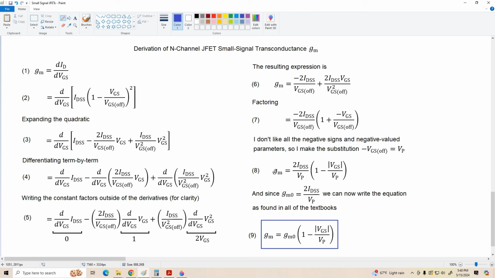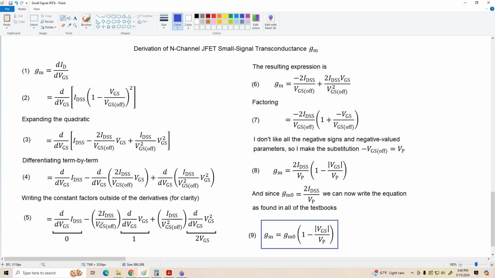Since we know that 2 IDSS over VP is GMO, we can make things a little prettier by making that substitution, and then we end up with the equation that's in most of the textbooks, that is, transconductance GM equals GMO times 1 minus the magnitude of VGS over VP.